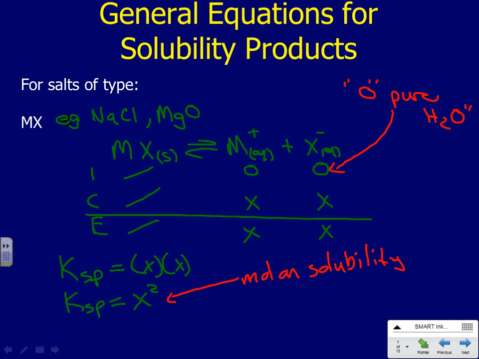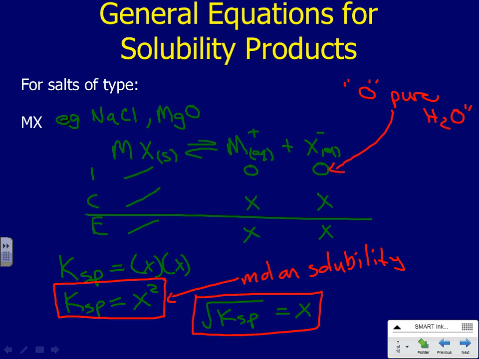If it's an MX salt, take the molar solubility and square it, and you have the KSP. It's that simple. If the question is, the KSP is some value, determine the molar solubility, what do I have to do with this equation to get the molar solubility all by itself? Yep. I need to take the square root, which means the root of KSP is equal to X, which is the molar solubility.